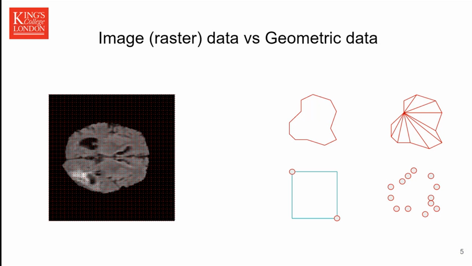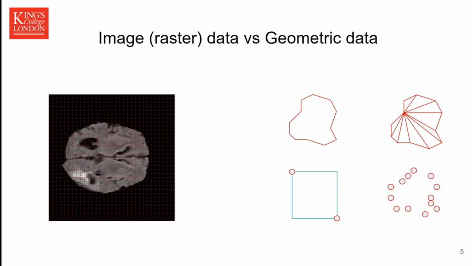Now, if we compare that to geometric data, it's kind of the inverse of this. So geometric data is a sparse notation where only a certain subset of locations in space are noted, and each of those points has a position. And then we have some way of interpreting those points to mean something.